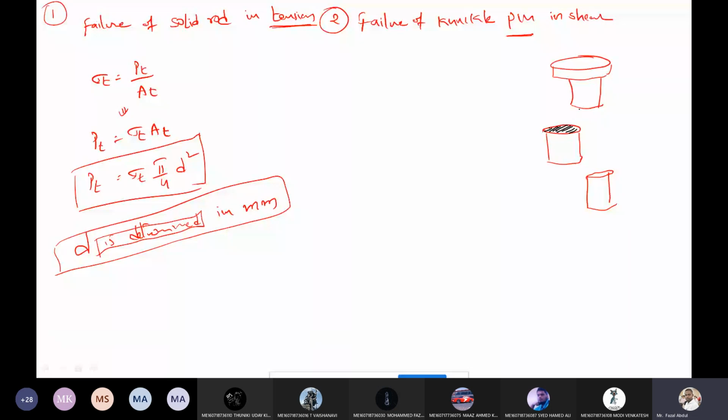That is also you have to show. Okay, the title itself indicates failure of the knuckle pin in shear. So that is the reason I drew the shear failure figure.